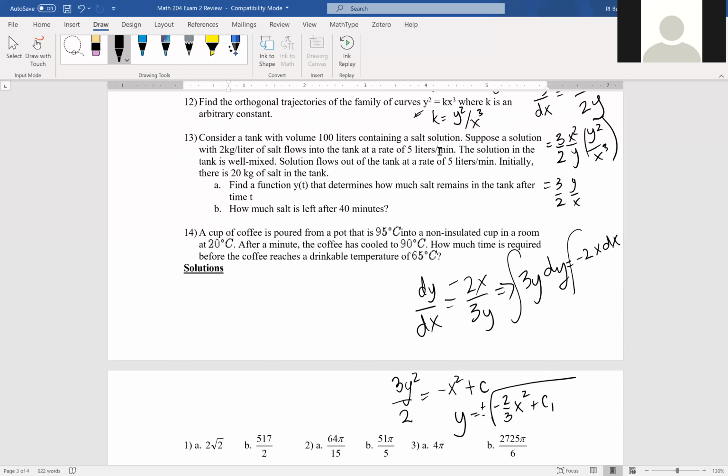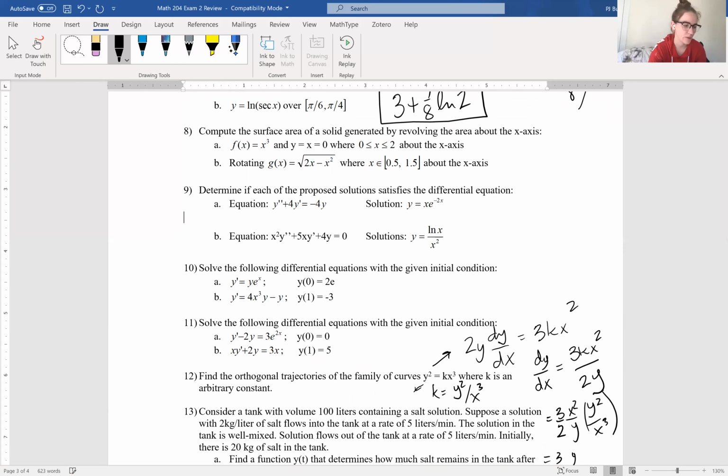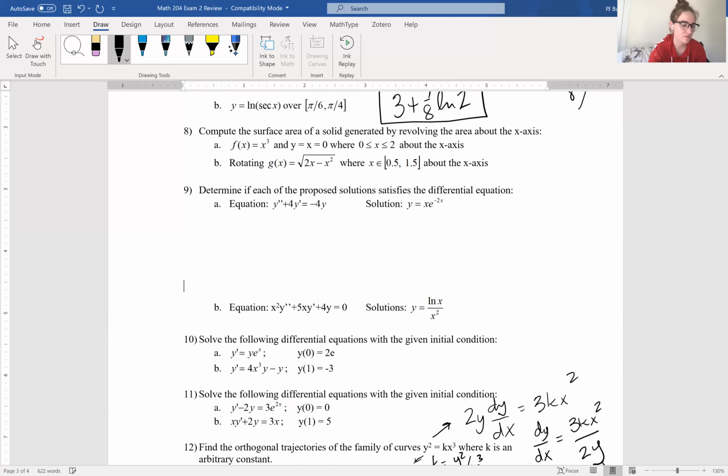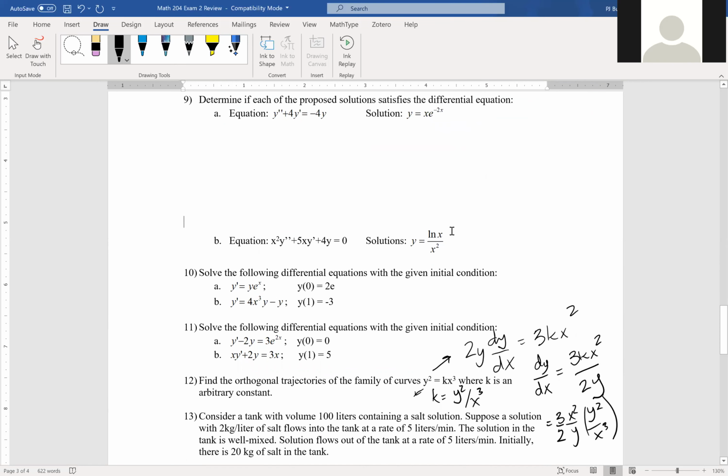Could we do 9A? Let's see if I can get myself some room. I think I would prefer to do 9B, actually. Oh no. What am I doing? Which one?